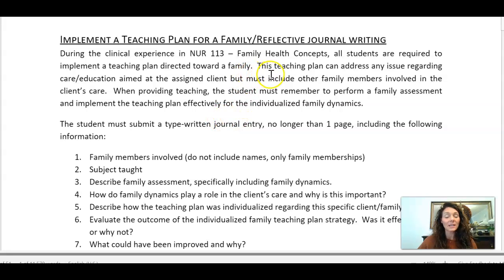It can address any issue regarding care or education, but it has to include the other family members involved in the client's care. And when providing that teaching, you must remember to perform a family assessment and implement the teaching plan effectively for the individualized family dynamics that you have assessed in that family on that clinical day.